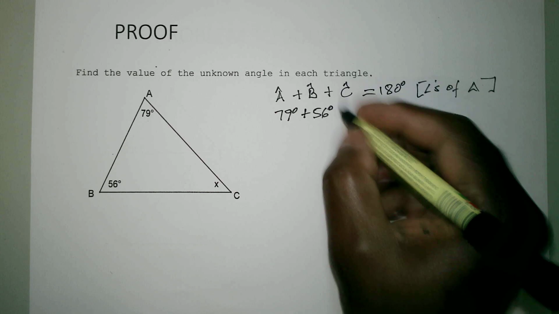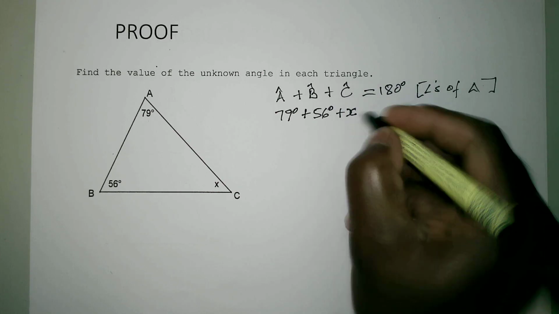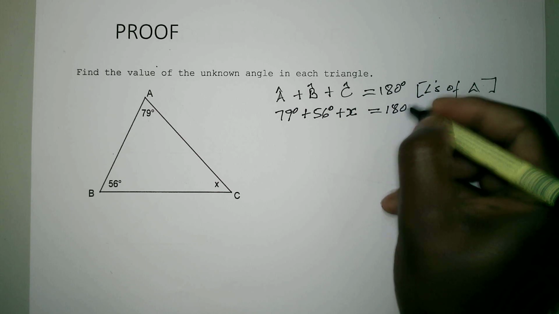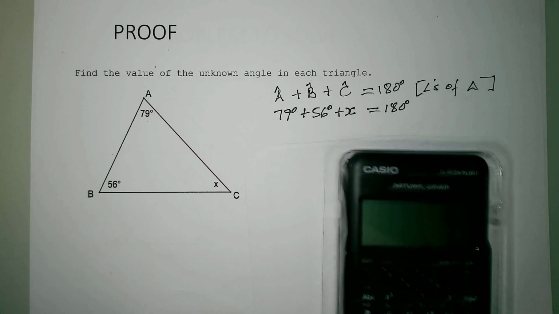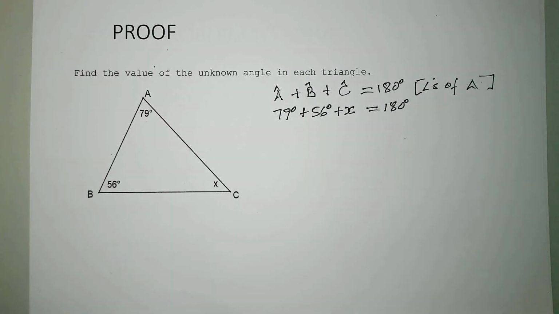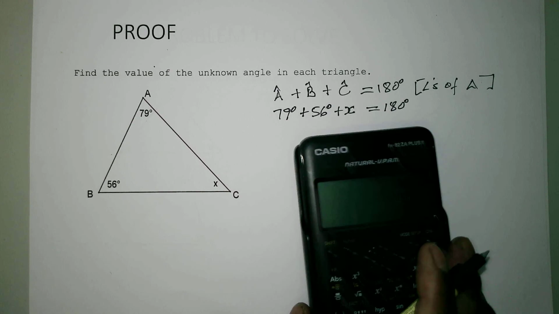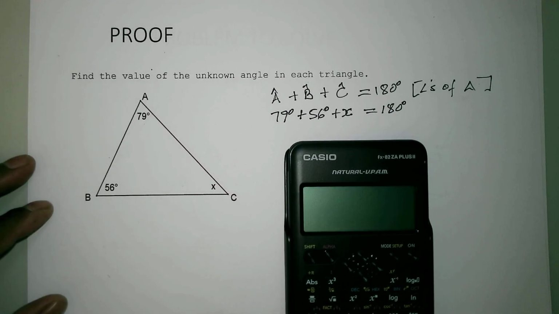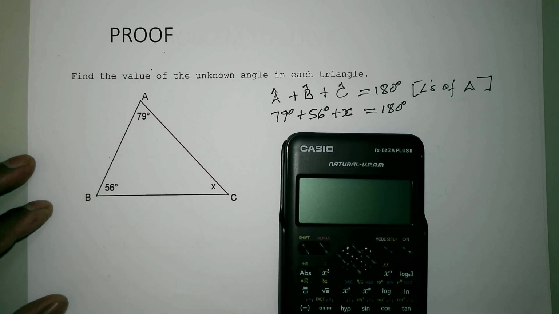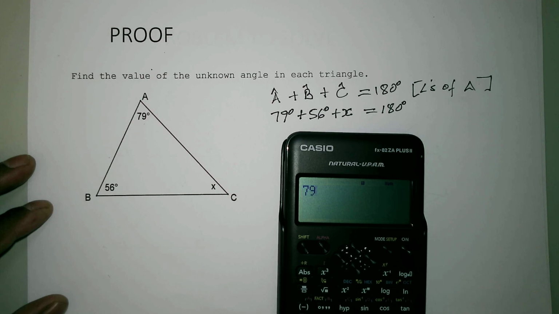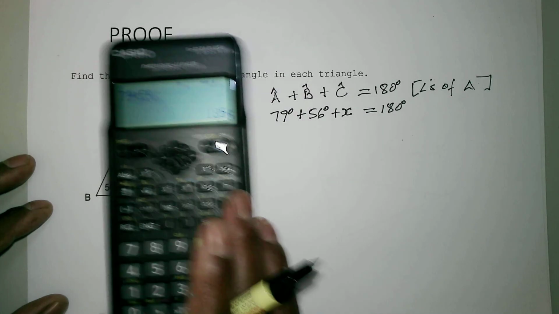Now we can add using the calculator. 79 plus 56 degrees gives us 135. 135 degrees plus X is 180 degrees.